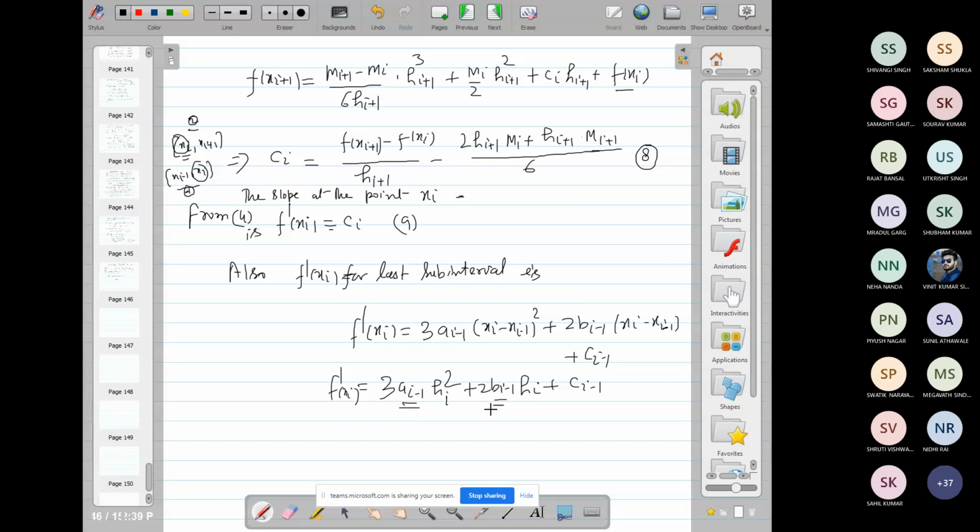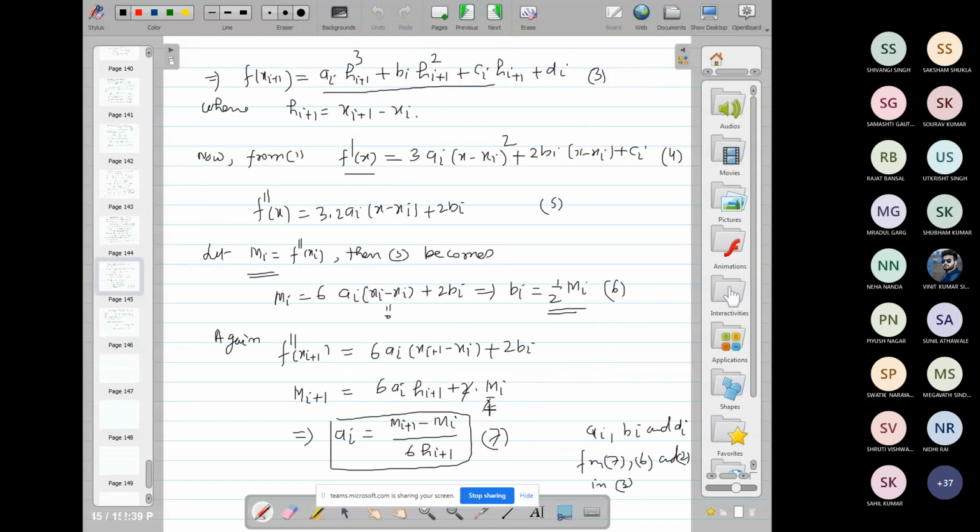जो ai आया है यहाँ पर ai को ai minus 1 कर दीजिए, तो mi minus mi minus 1 upon 6 hi. That will be ai minus 1, and bi is here 1 by 2 mi. The bi minus 1 will be 1 by 2 mi minus 1.